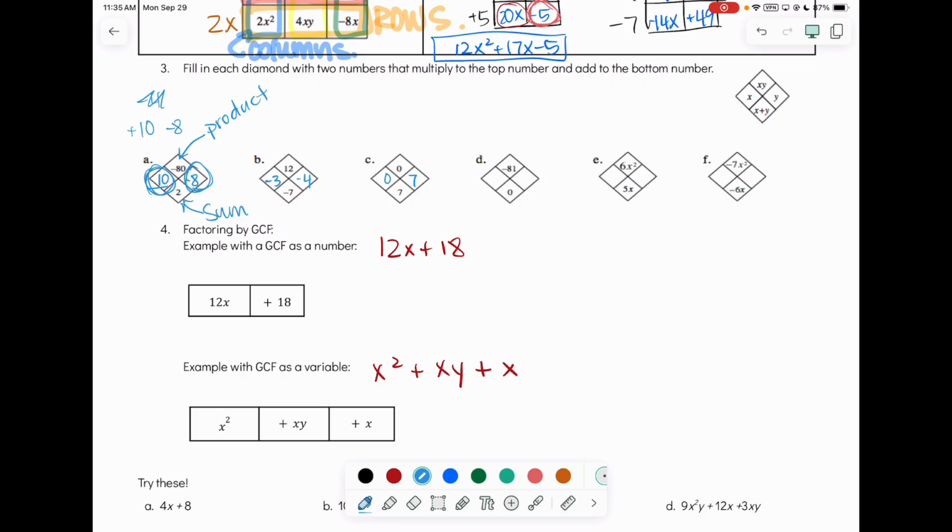Mine is -9 and 9. Actually? Whoa. Six x squared. No, it's 2. Okay, it's 2.